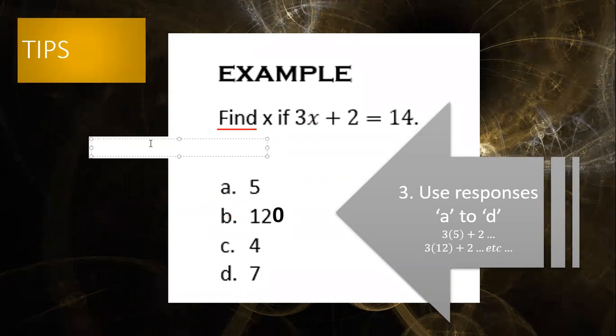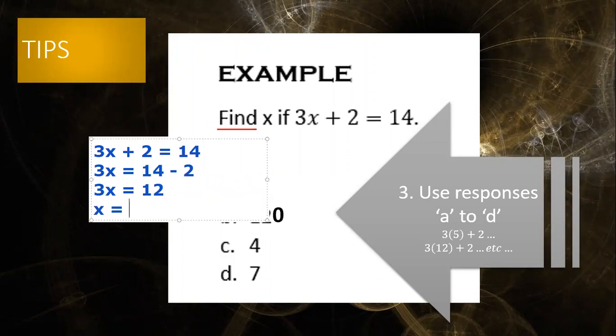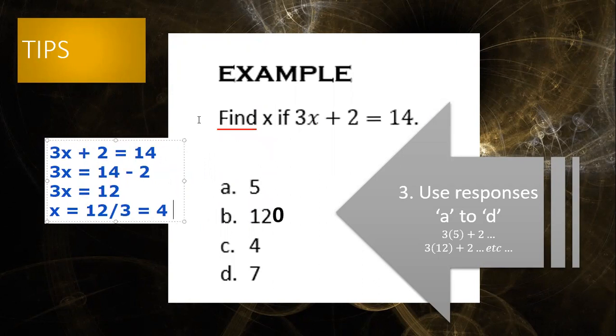So if 3x plus 2 equals 14, then 3x is going to be equal to 14 minus 2. So 3x is going to be equal to 12. x is going to be equal to 12 over 3. Okay, any questions here? Are you all cool with this? Let me know.